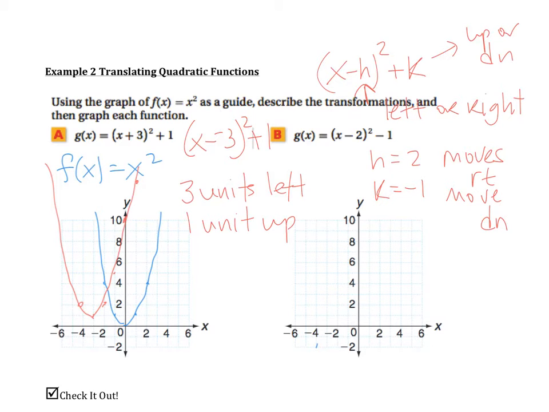I'll graph the standard form in blue, off of the parent function. So there's our parent function. So I move it 2 to the right and 1 down. So it would look like that.